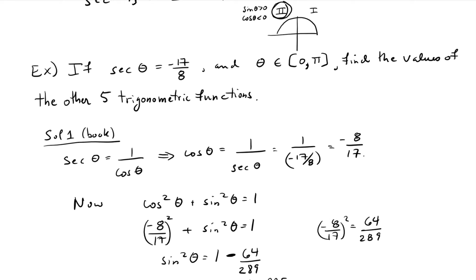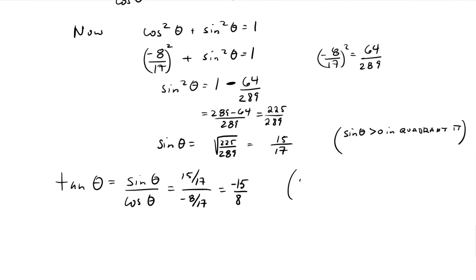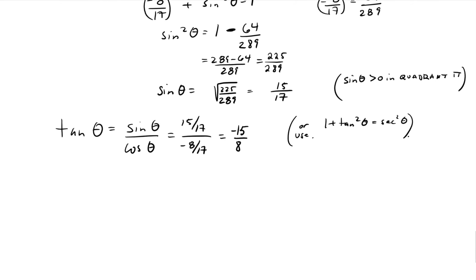You could use the fact that 1 plus tan squared is secant squared, so you can use that to solve for tangent. But I find it easier once you have sine and cosine just to replace by those values.